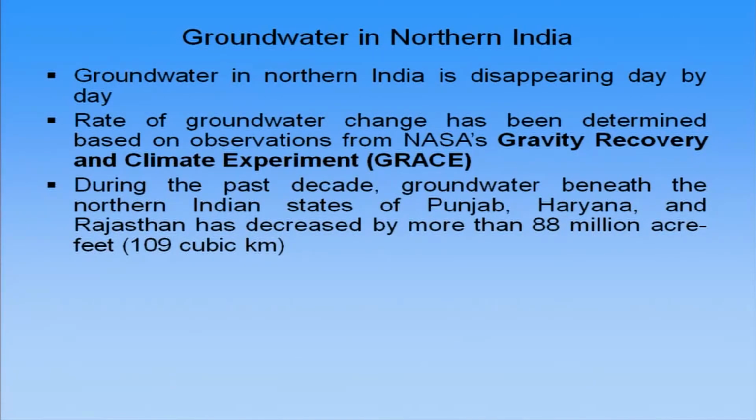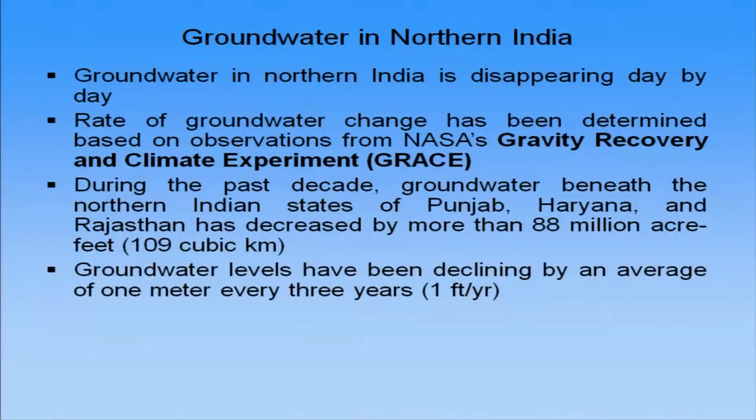So this is the amount of depletion, or the decrease in the groundwater in the Indian states, basically Punjab, Haryana and Rajasthan. So groundwater levels have been declining by an average of 1 meter every 3 years. That is 1 feet per year. So this is the depletion which has been observed.